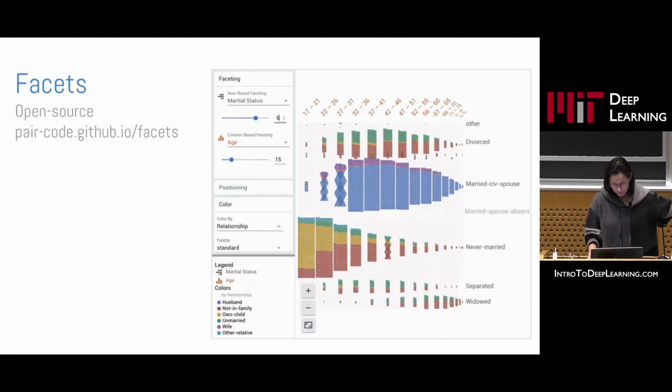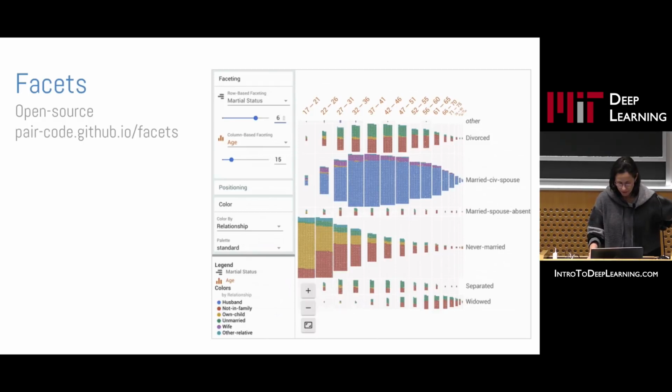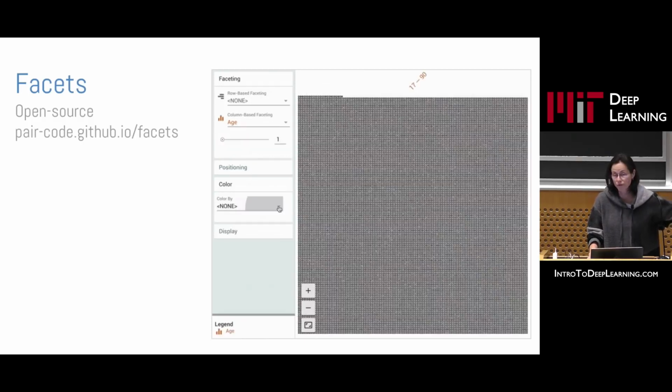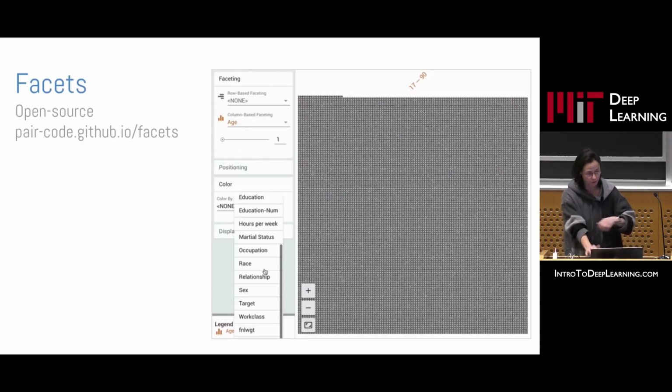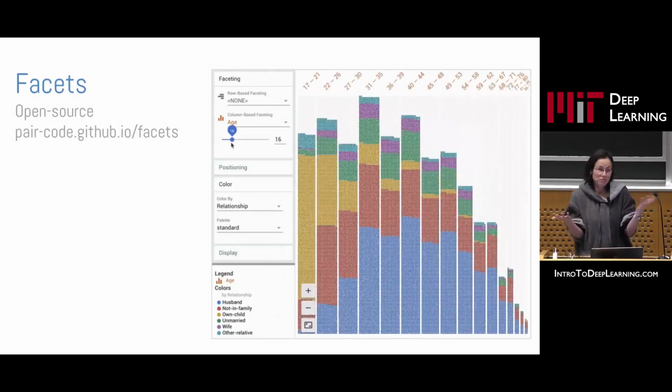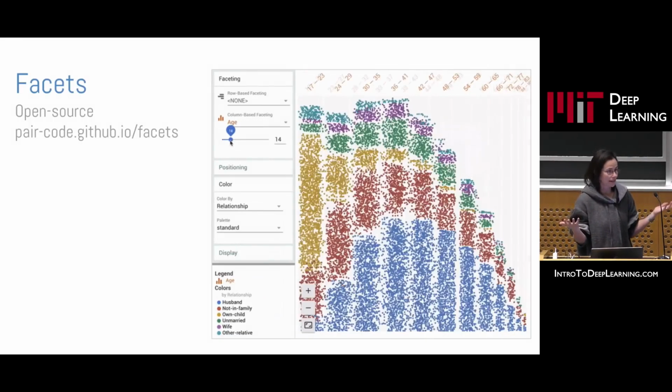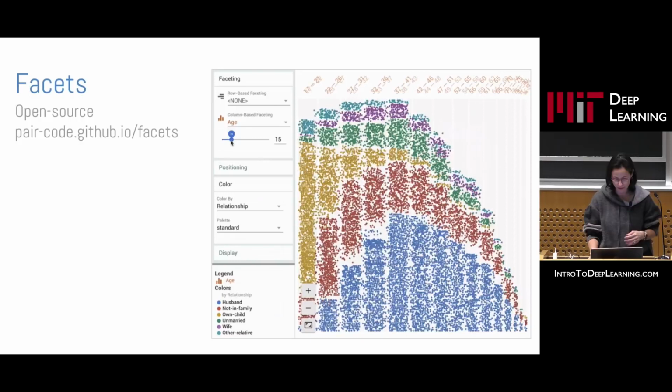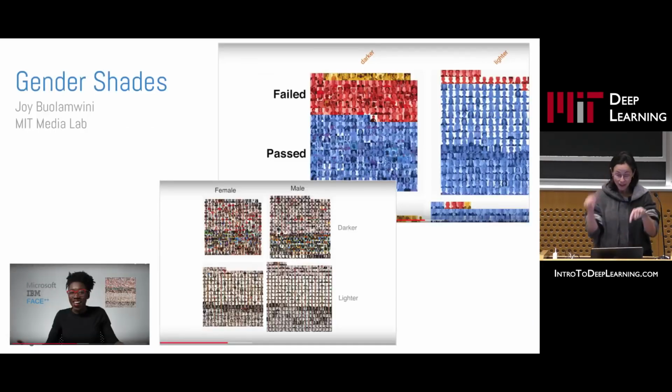So that's Facets. And we open sourced Facets. So Facets is available for anyone to use. And it's been downloaded a bunch of times. You don't have to use it for machine learning. It's a visualization tool for any kind of faceted data set. So you can use it for anything you want. And here at MIT, people have started using it.